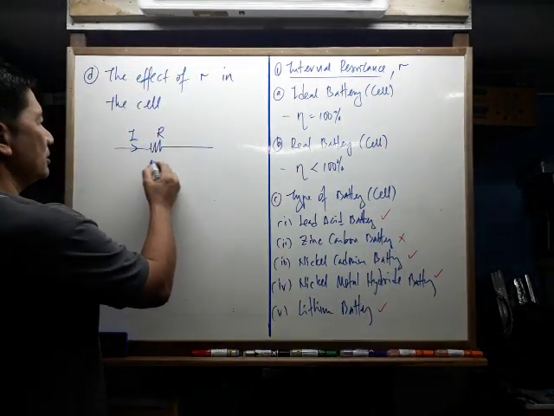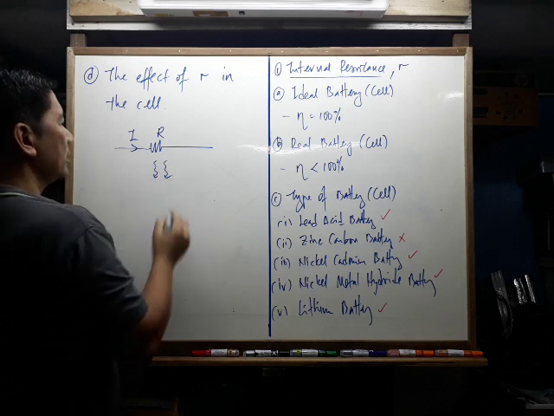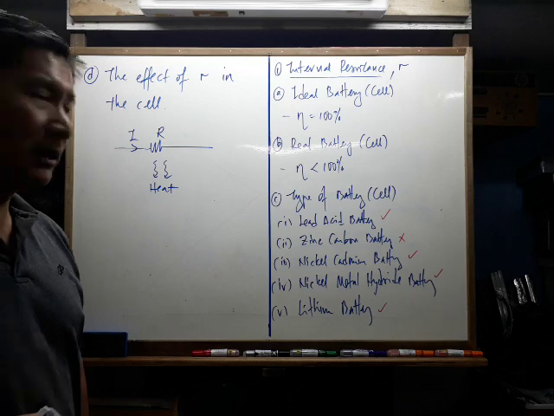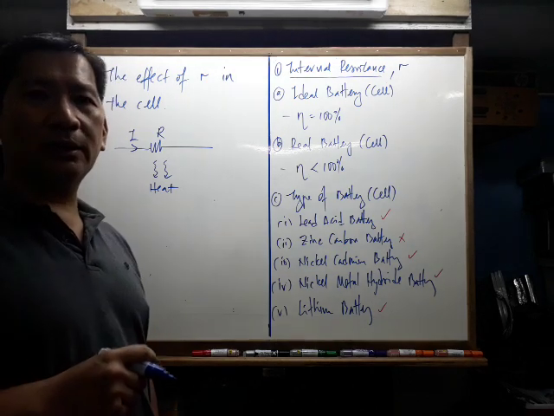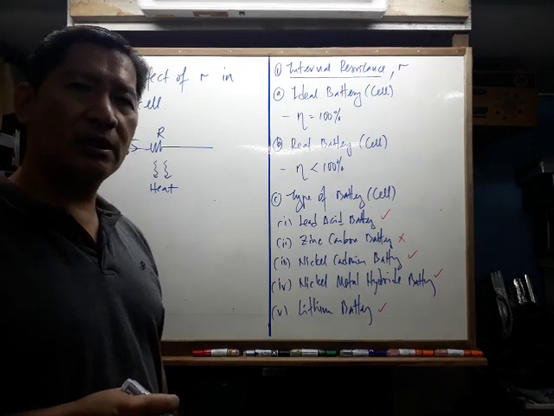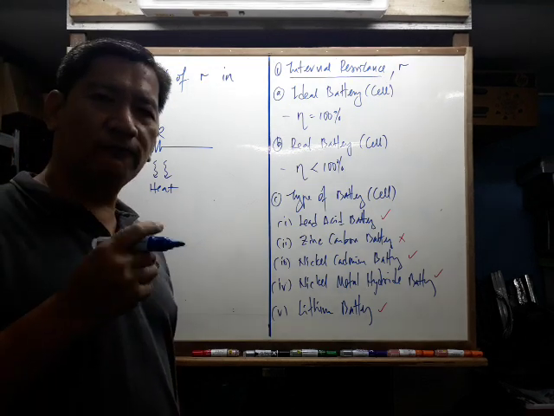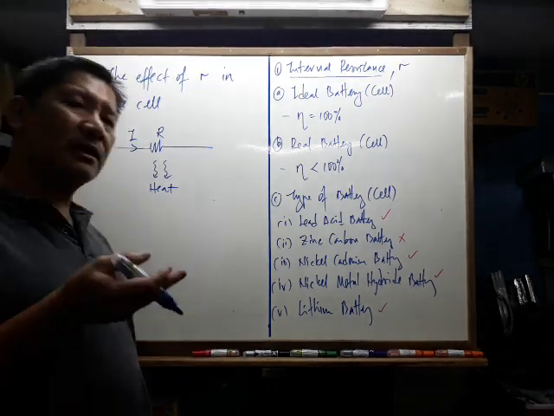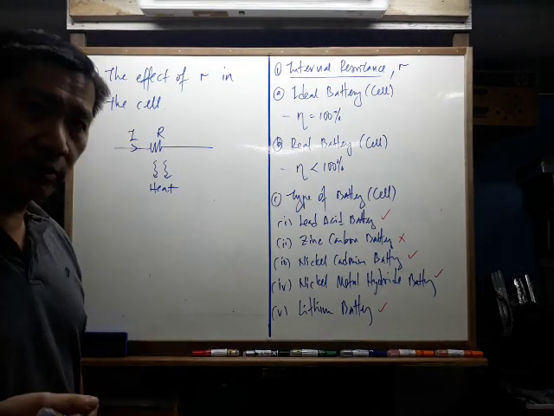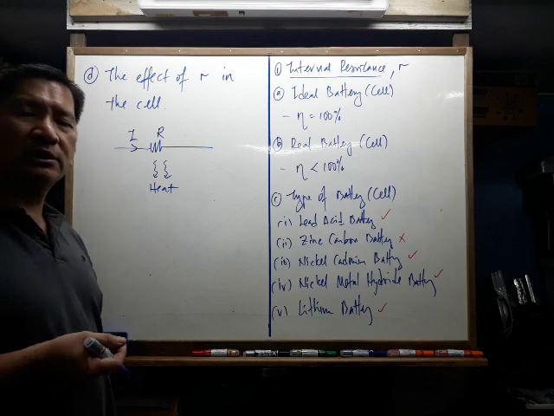So that means heat will be generated when you have resistance in the circuit. That's the job of the resistance anyway, to produce heat. It's not something very beneficial for a circuit, so in circuit design we try to reduce the resistance as much as possible, but it's quite impossible to reduce it to zero.